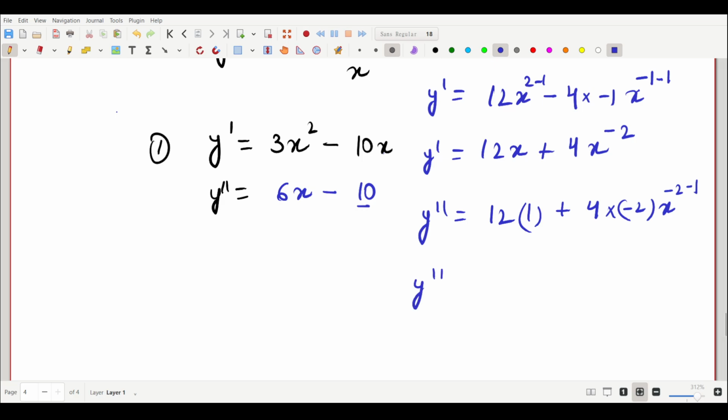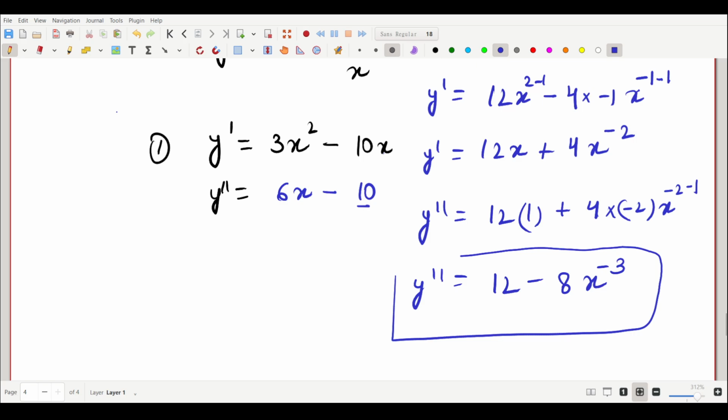Then y double dash is 12 minus 8 x to the power minus 3, since 4 times minus 2 is minus 8. This is your answer. Right? It's very easy. We just need to practice more questions. The more you practice, the more fluency you will gain in solving these questions.